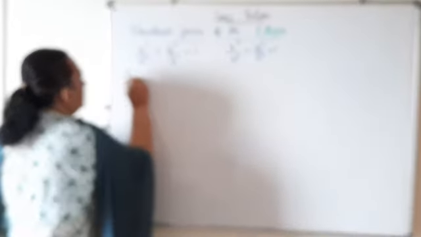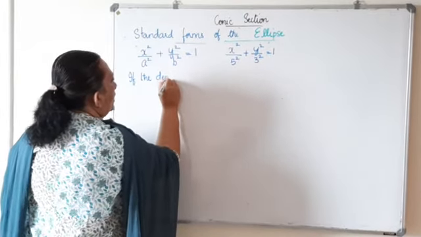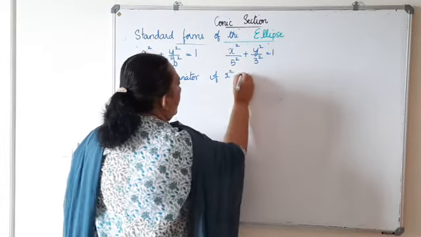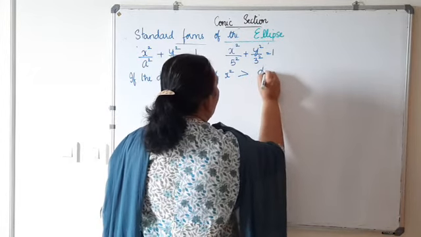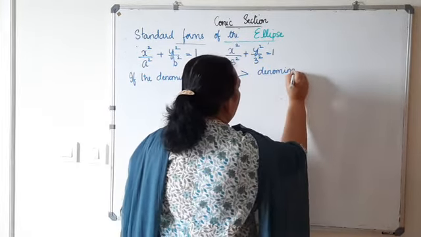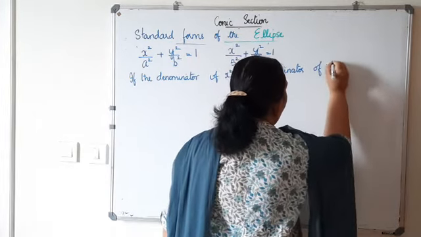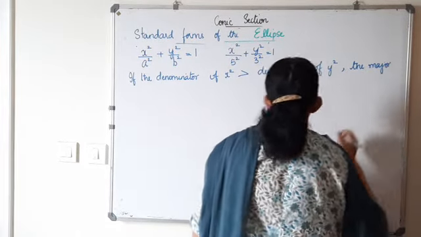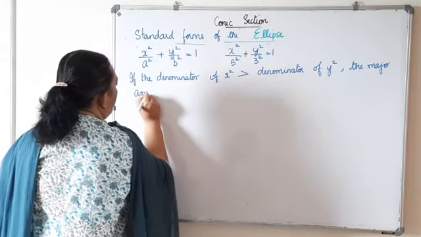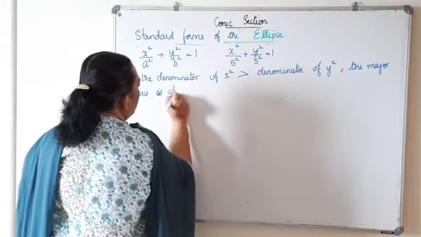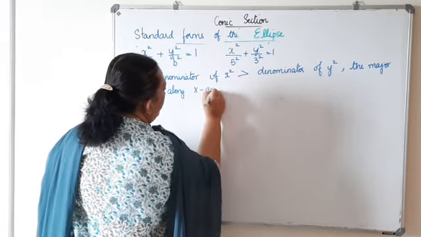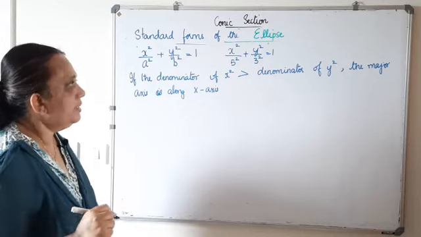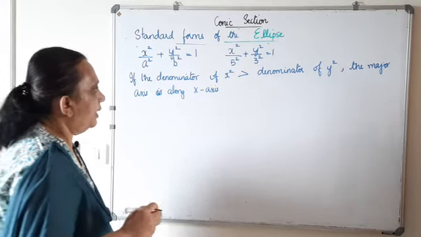If the denominator of x squared is greater than the denominator of y squared, the major axis is along the x-axis.